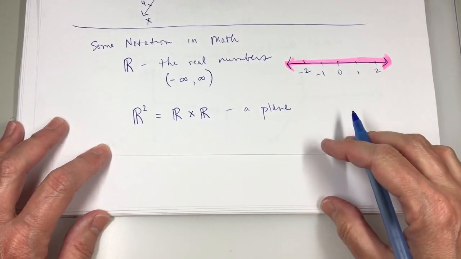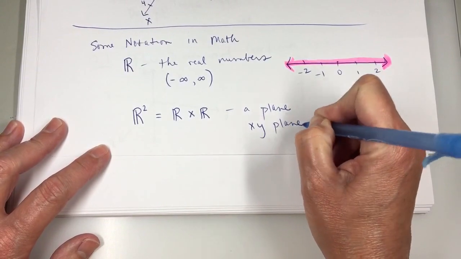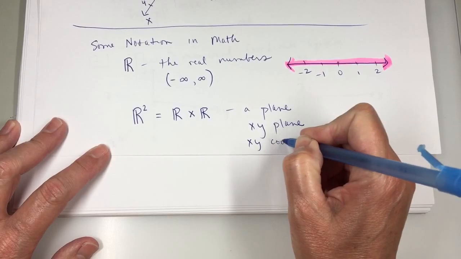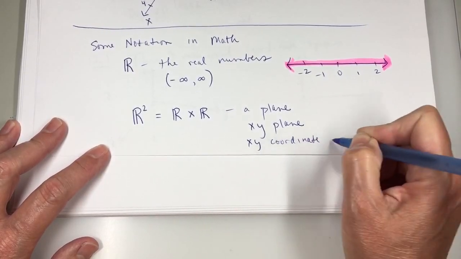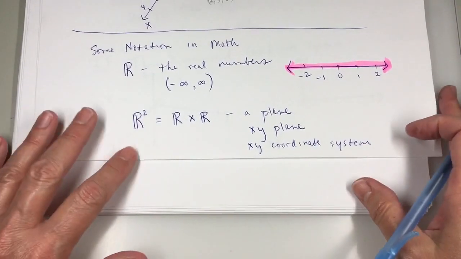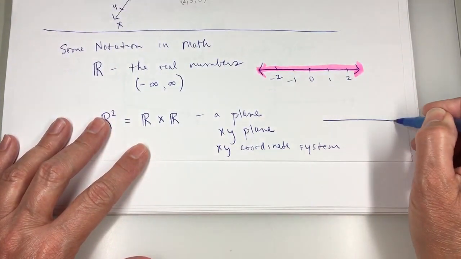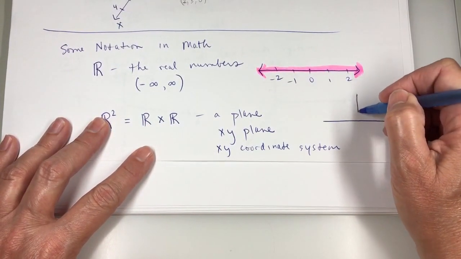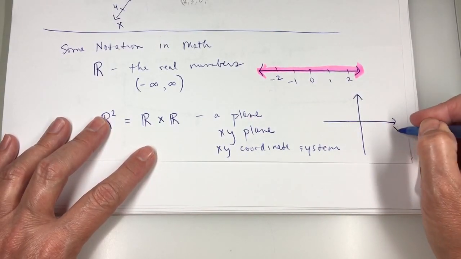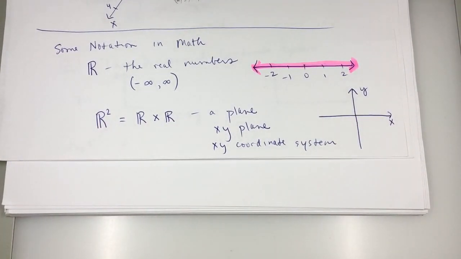And in fact, it is the XY plane is what we typically call it. The XY coordinate system. So geometrically, you have your horizontal line, and we come at a 90-degree angle with the vertical line, the x-axis and the y-axis. So you're pretty familiar with that.